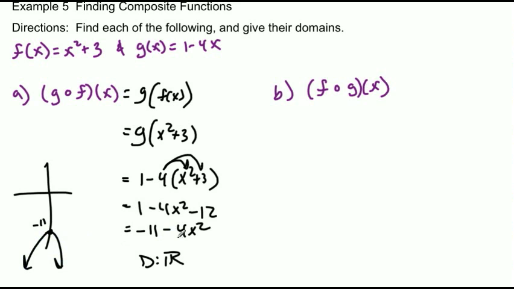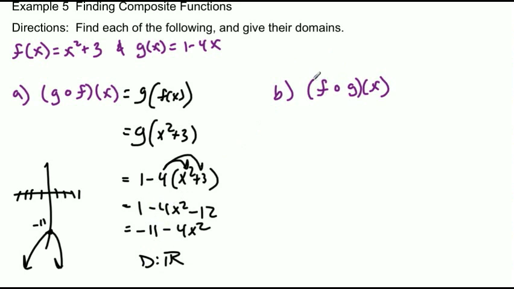It may be a little skinnier because of the 4. As you can see, it uses all of the positive x values, all of the negative x values, and 0 to graph this parabola. So the domain is all real numbers.